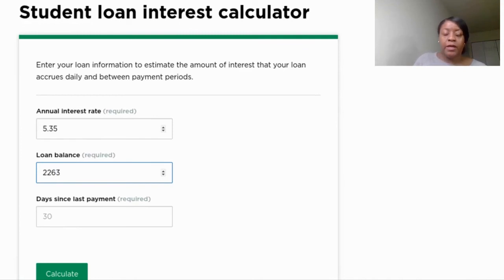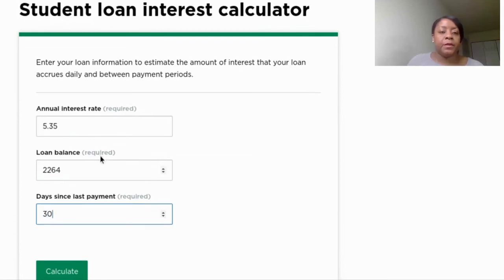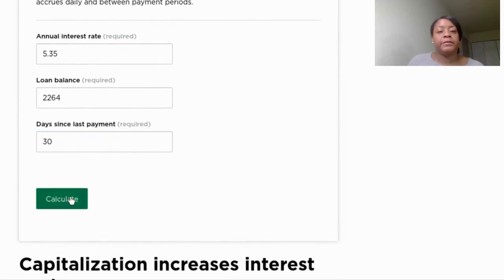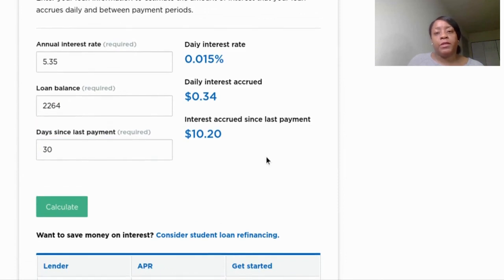It also turns red if you're trying to put in an amount that's under $1,000. And so I'm going to put 30 days, which is not true, but it'll tell me what the interest is for the whole month.